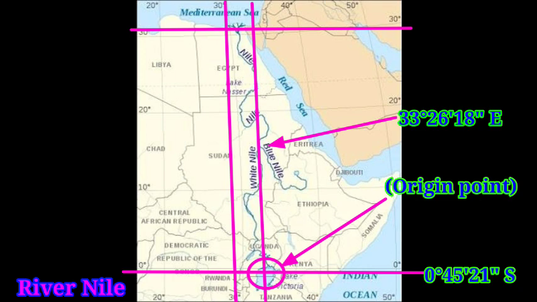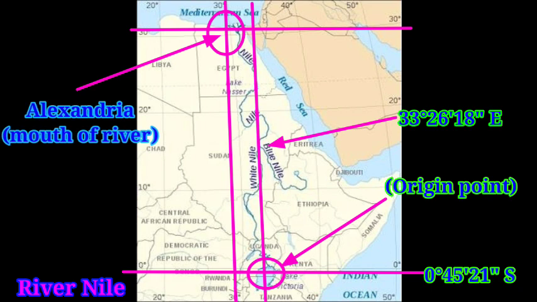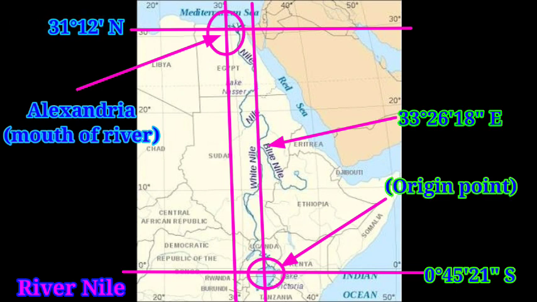This is the origin point of river Nile. Similarly, the location of Alexandria, which is the next terminal point of river Nile, is 31 degree 12 minute north latitude and 29 degree 55 minutes 7 second east longitude. So these are two terminal points of the river Nile.